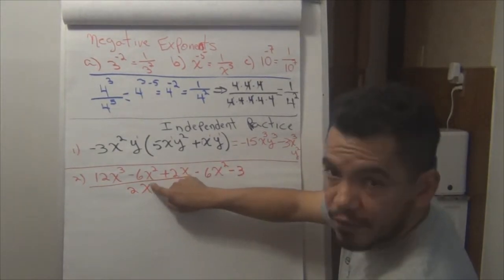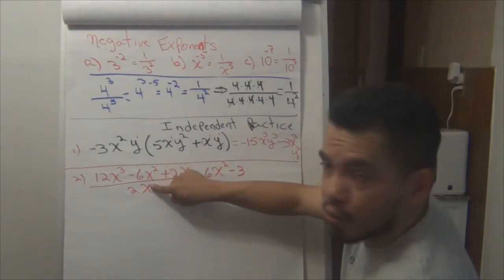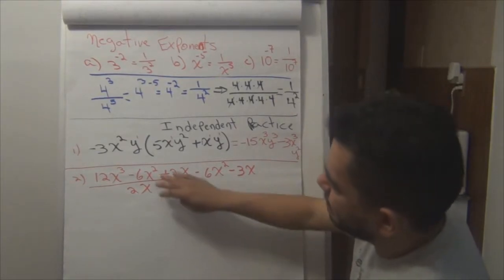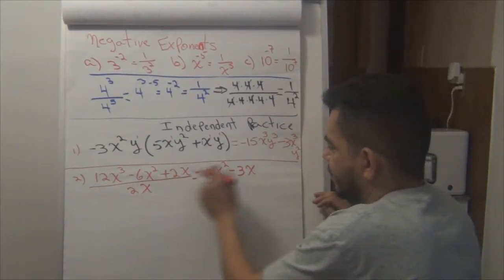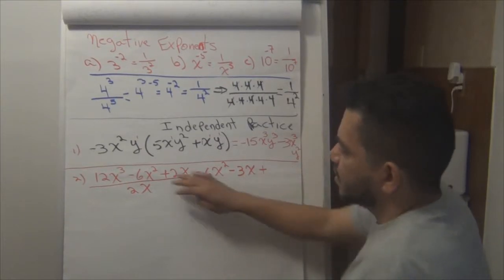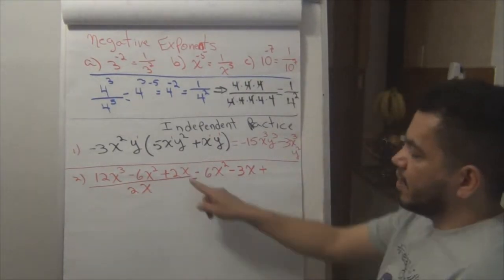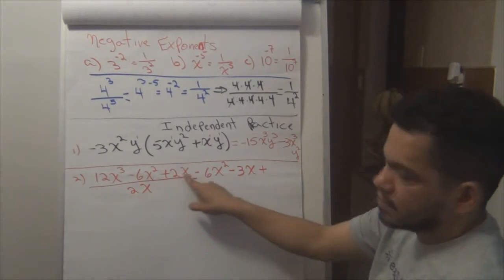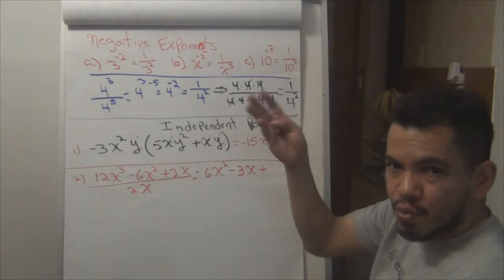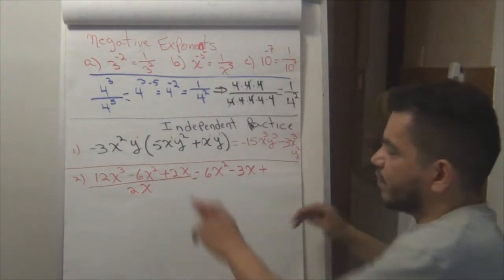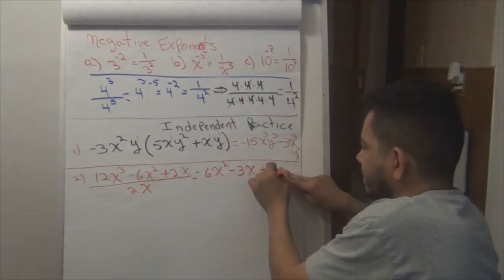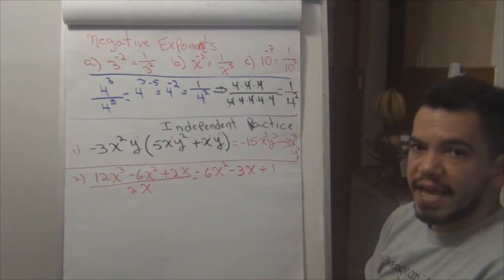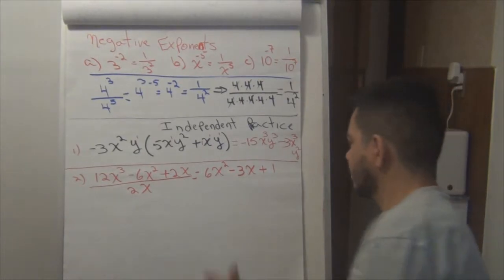X squared divided by x to the first is x to the 2 minus 1. So that's x to the first. And then plus, divided by plus is plus. So plus 2x divided by 2x is a number divided by itself. Remember, this will be what? X to the 0 power, right? Which is 1. When you divide a number by itself, it's 1. And that would be the answer to that second problem.